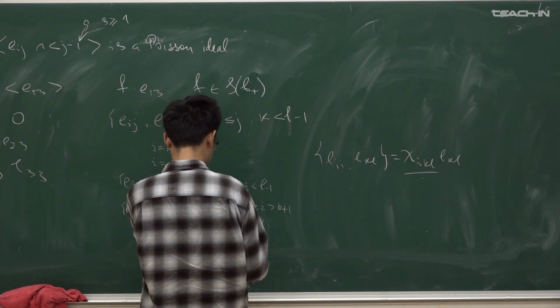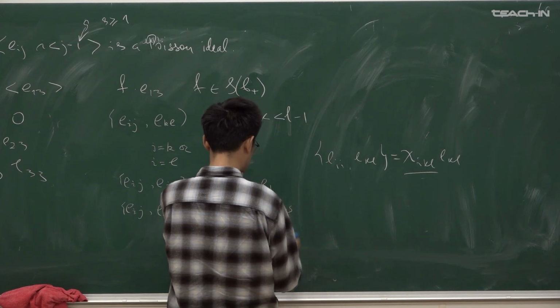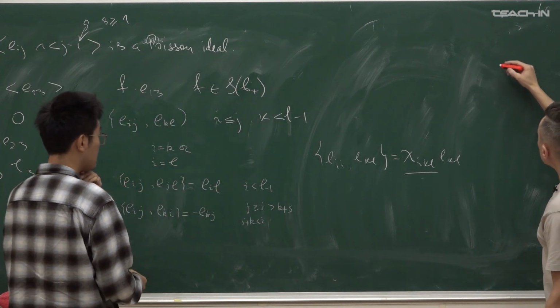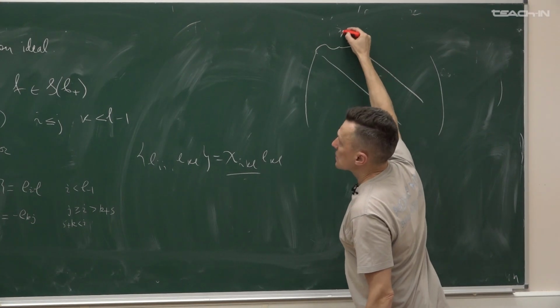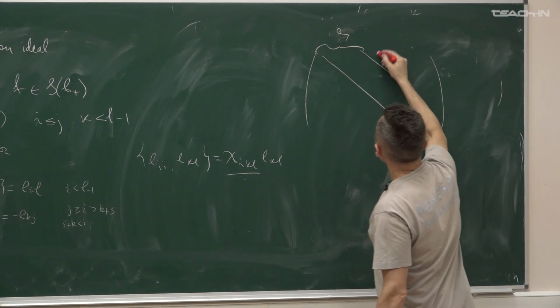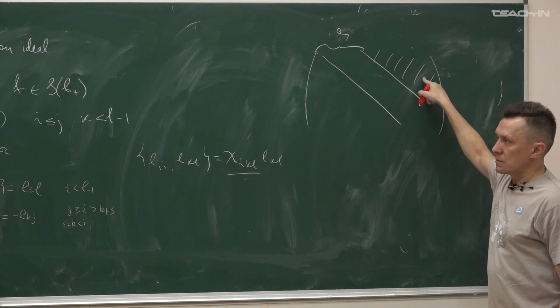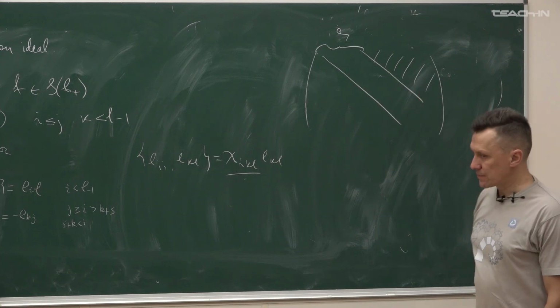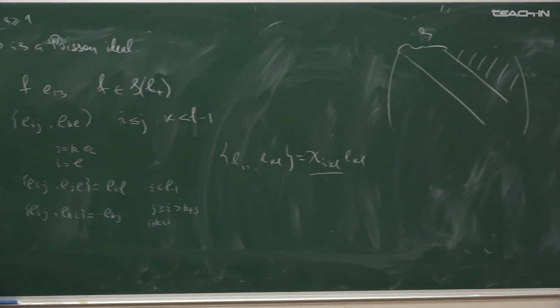I think it will be the same. Just change. So it means that if we fix here s, then this is also a Poisson ideal. Very good.